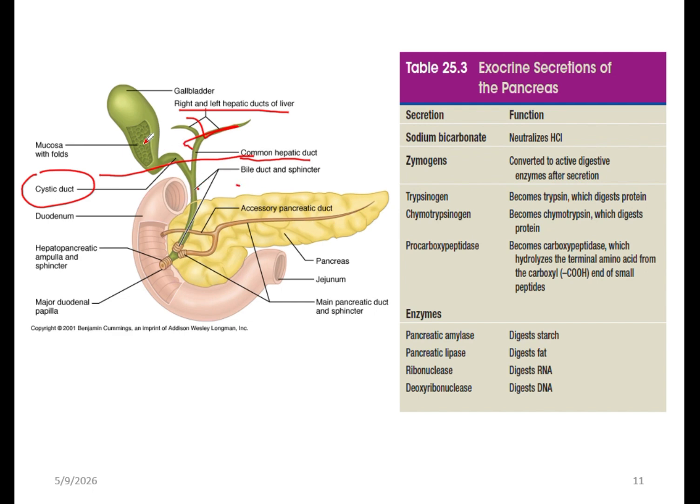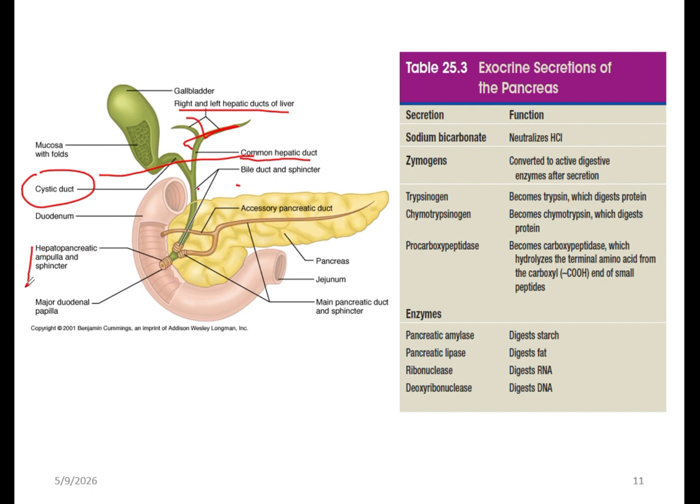Also, a sphincter is present here, and this sphincter is called the sphincter of Boyden. This comes forward, and the accessory pancreatic duct or pancreatic duct from the pancreas joins to form the hepatopancreatic duct, right?